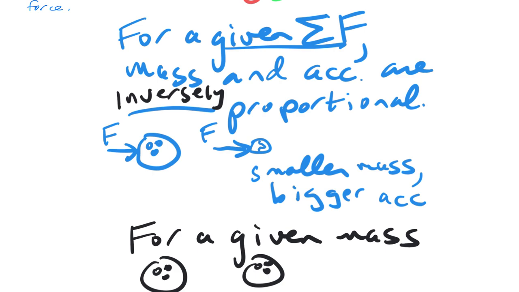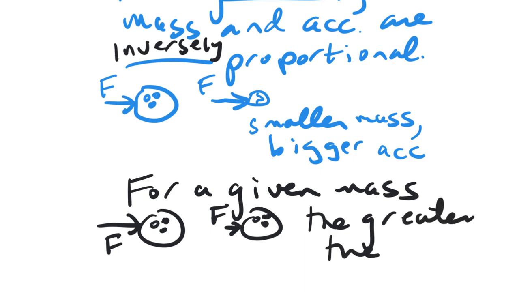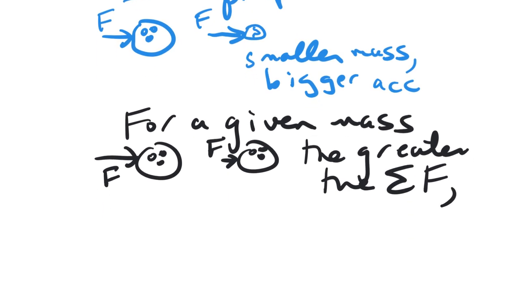For a given mass, along with the bigger force, we'll have the what acceleration. So the bowling ball on the left, I apply a bigger force. The bowling ball on the right, I apply a smaller force. So for a given mass, the greater the net force on that object, the what the acceleration.